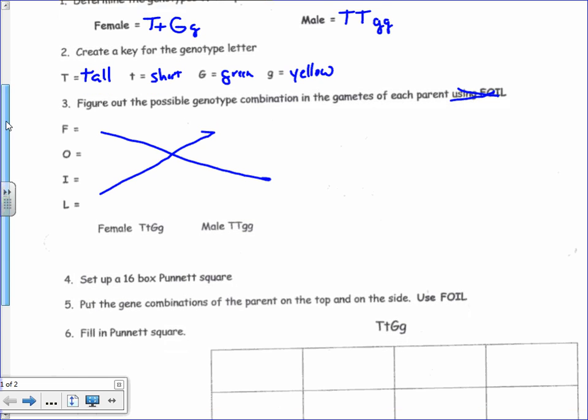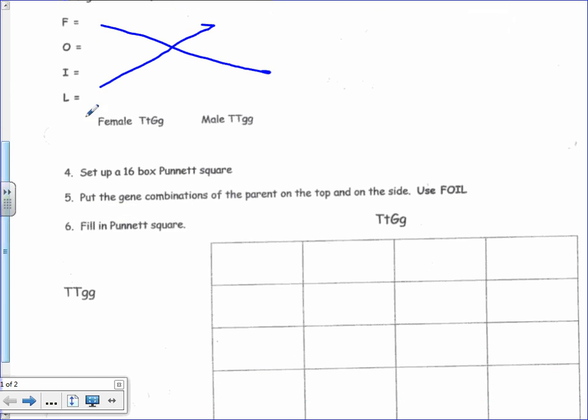The reason I don't like the FOIL method is because this problem is supposed to represent independent assortment of alleles. You see, these two alleles are on two different chromosomes that the female has. One was from her mother and the other one was from her father. Since they're two separate chromosomes, they can assort independently of each other.